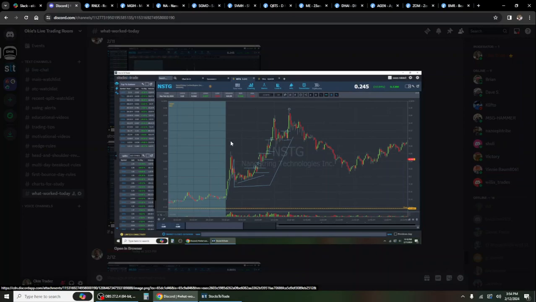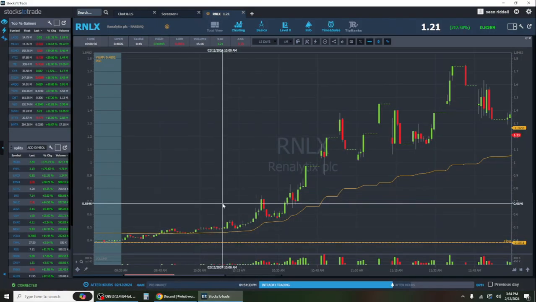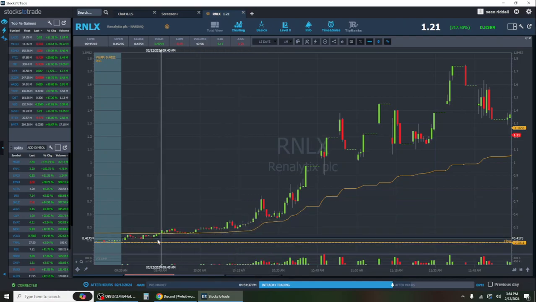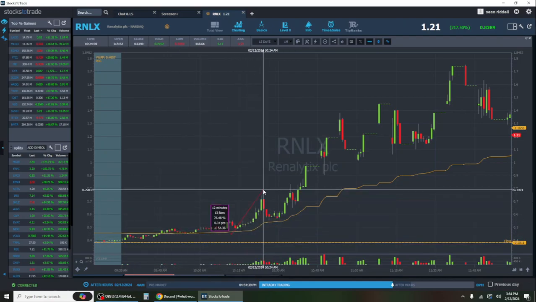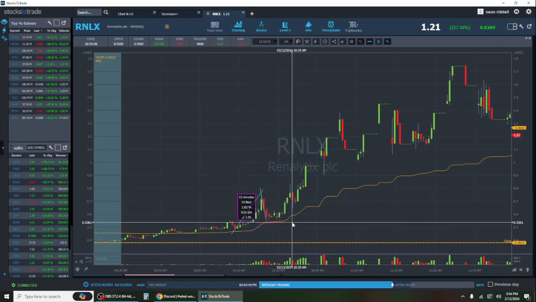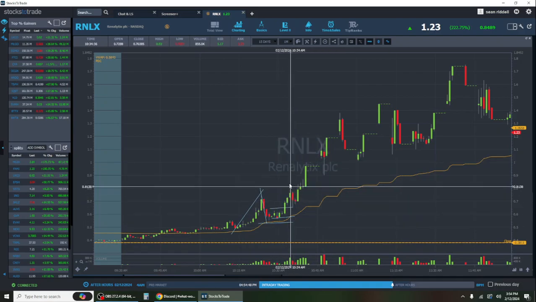Spike holds VWAP, off to the races. However, I didn't think it would happen that fast. I keep saying however a lot, but you'll see what I'm talking about here. So we get a big move, pulls back to VWAP, holds, off to the races.